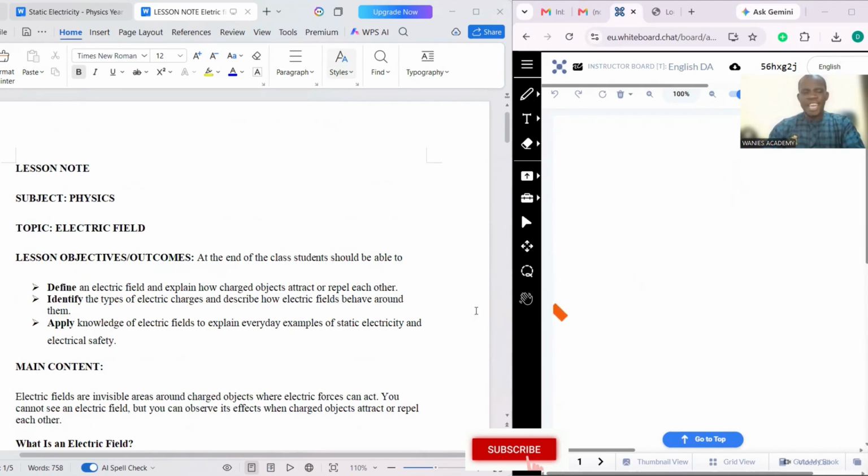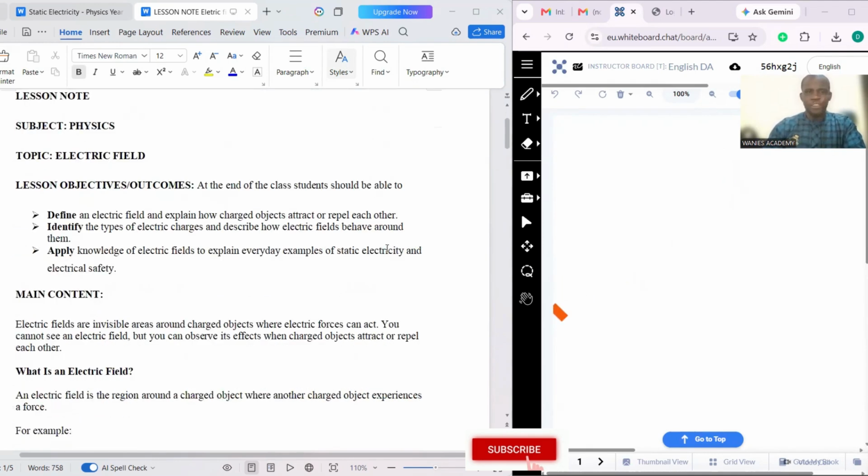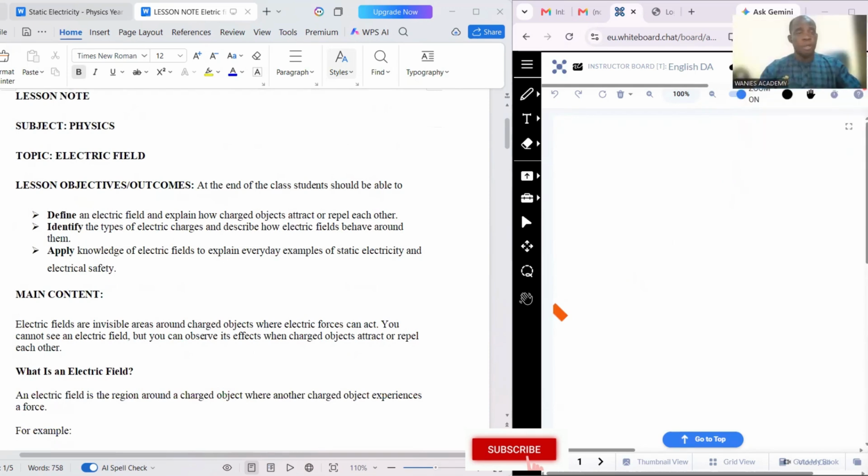Today we are in again for another session, and today we'll be looking at electric field. In this topic, we're going to have about 3 lesson objectives. Number 1, we're going to define an electric field and explain how charged objects attract or repel each other.